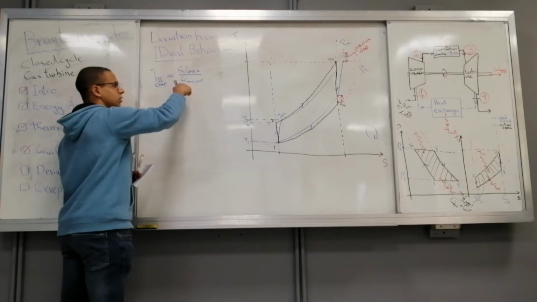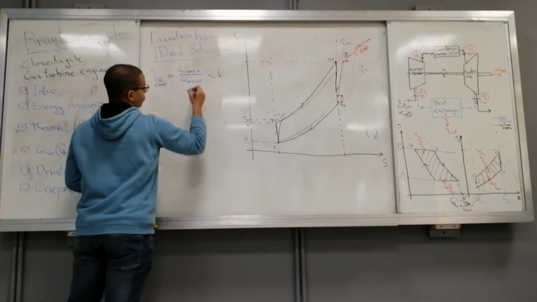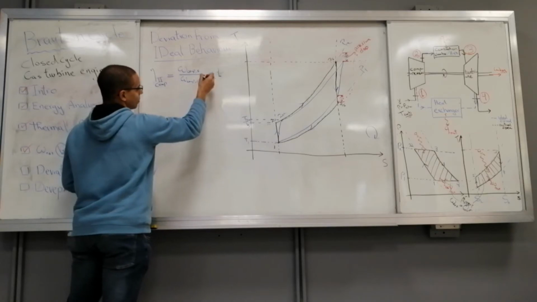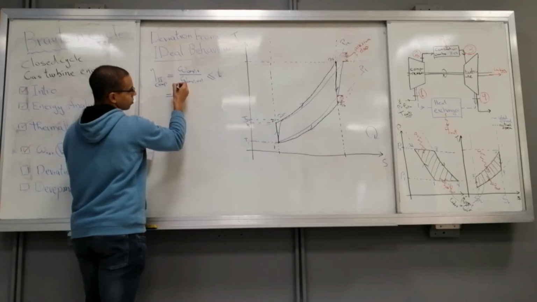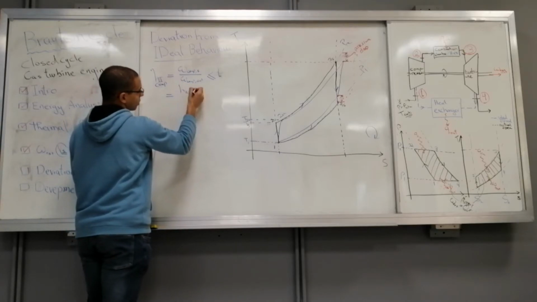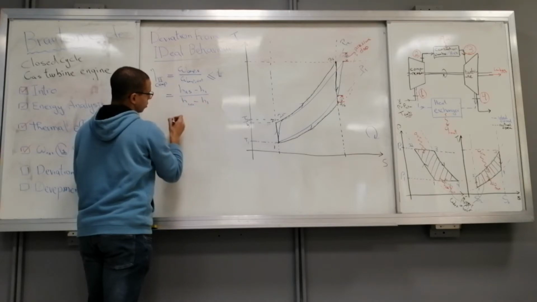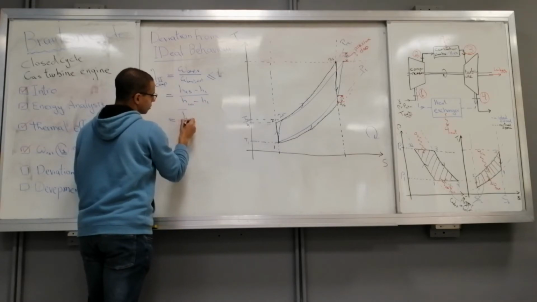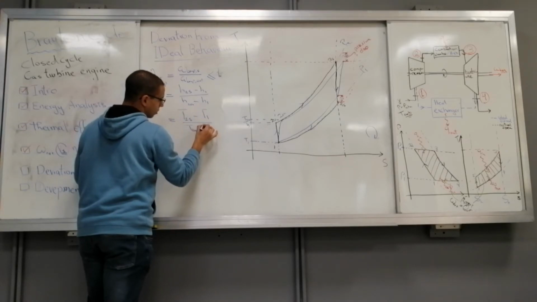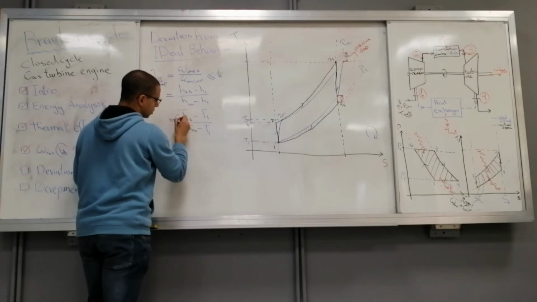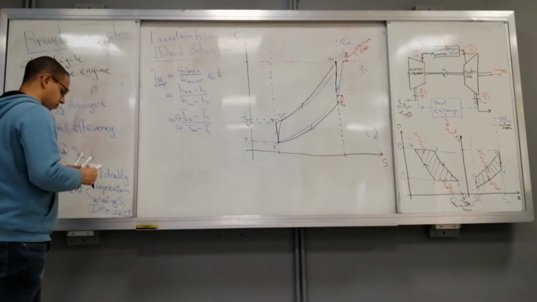We know that the actual one is greater, so this ratio is always less than 1. And in the theoretical limit, it's equal to 1. So this equals H2S minus H1 over H2A minus H1. So it's equal to T2S minus T1 over T2A minus T1, where Cp cancels out. That's what we're left with.